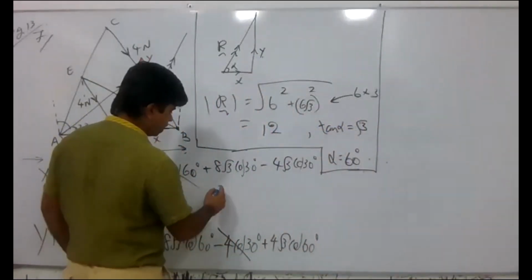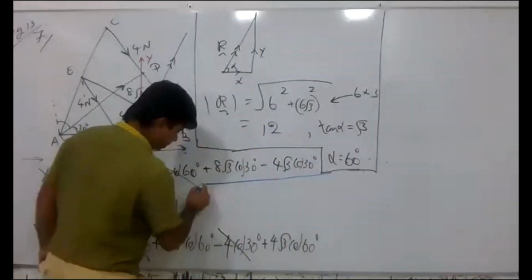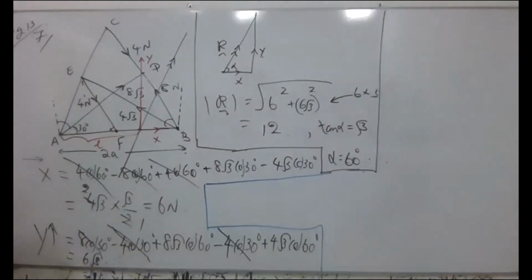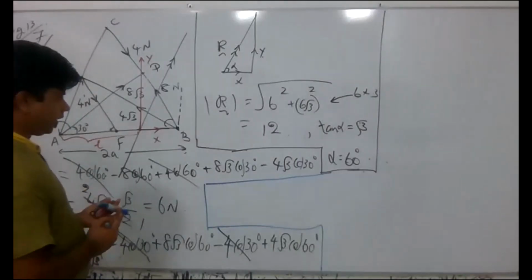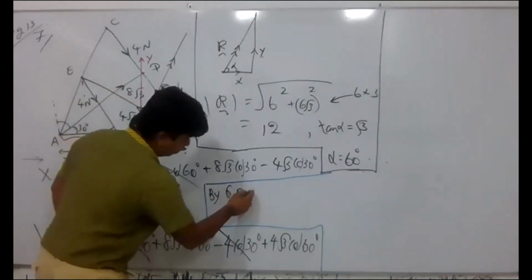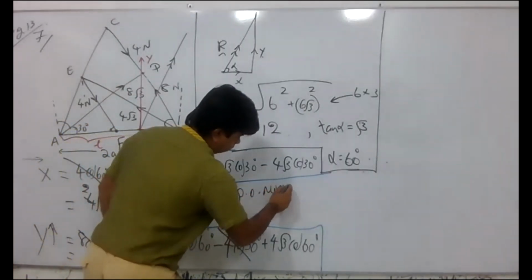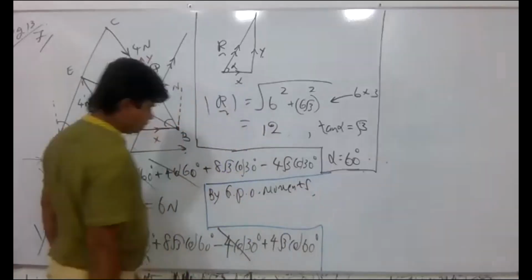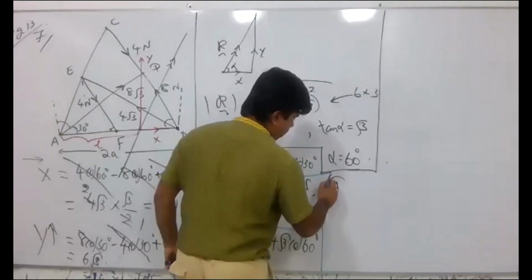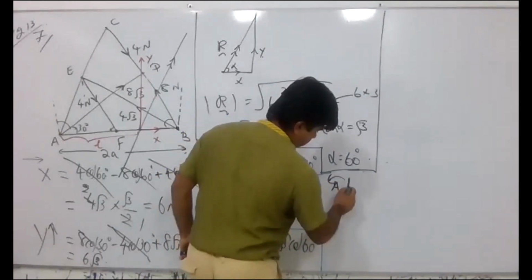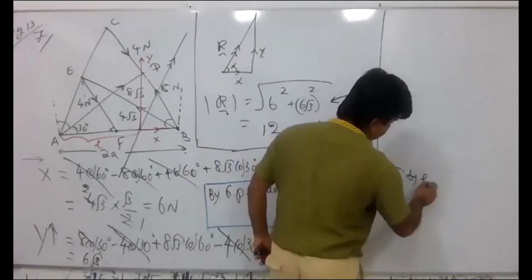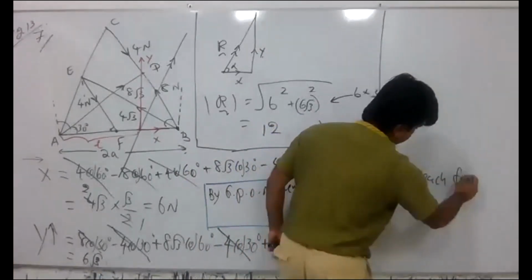Then by general principle of moments, we want to find out the line of action. Moment about A by R equals moment about A by each force.